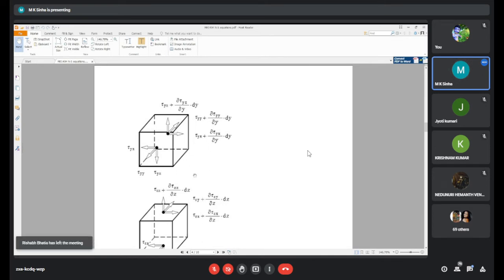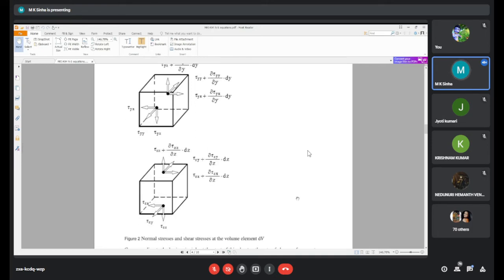So tau yy acts along the y direction, and its effect along the x-axis is tau yx. It changes due to the length dy to tau yx plus del tau yx by del y into dy. All these are written with del by del x, del by del y and del by del z components, from the Taylor series.